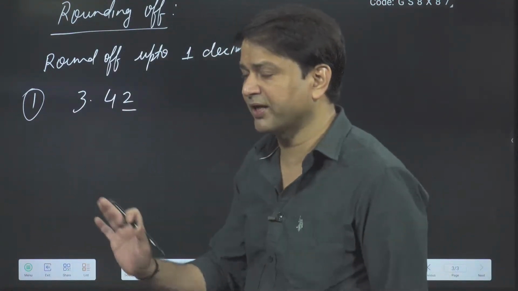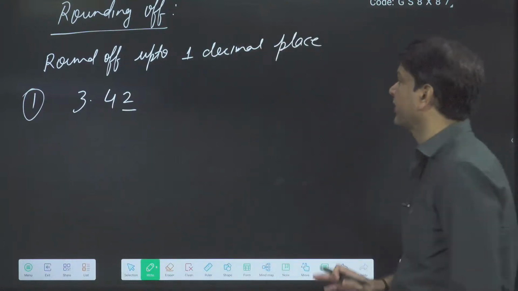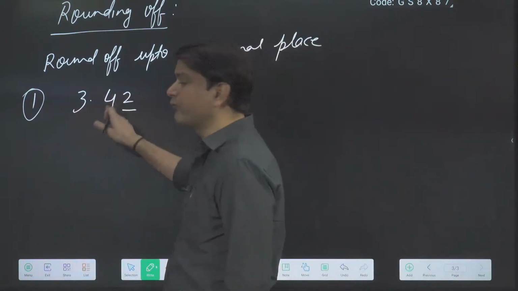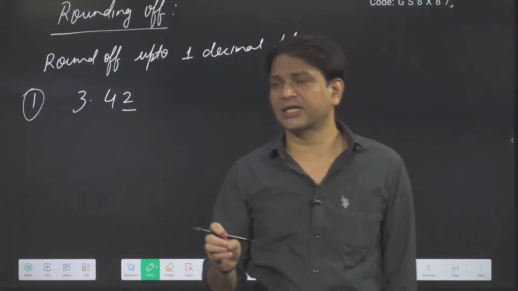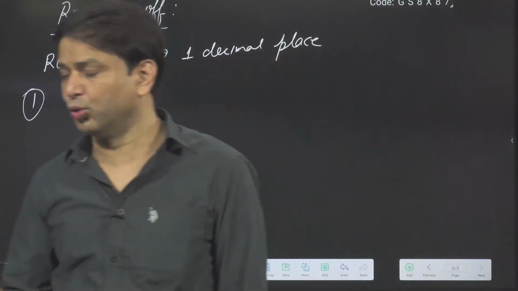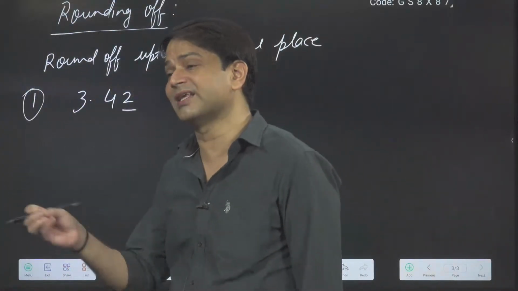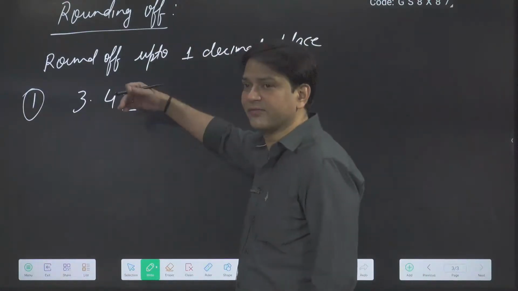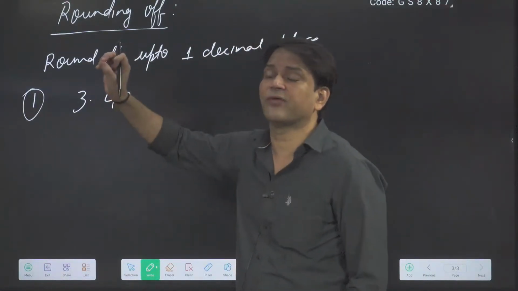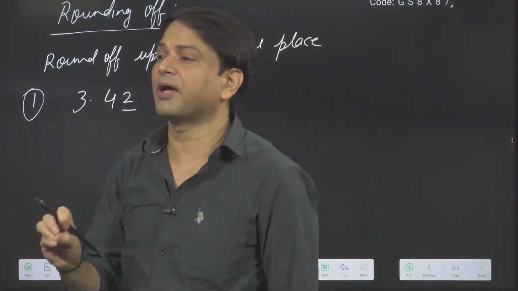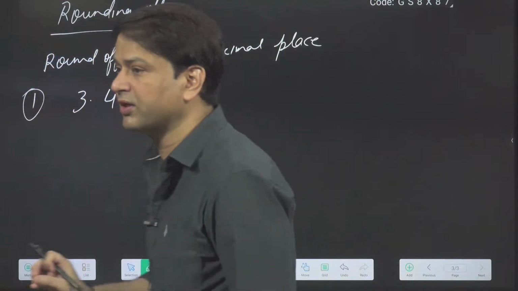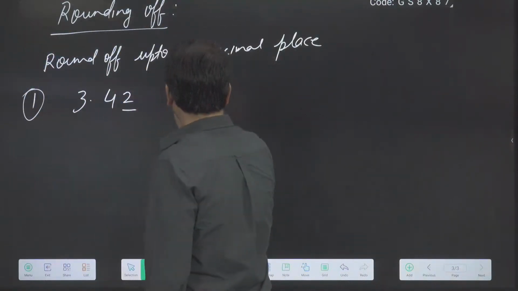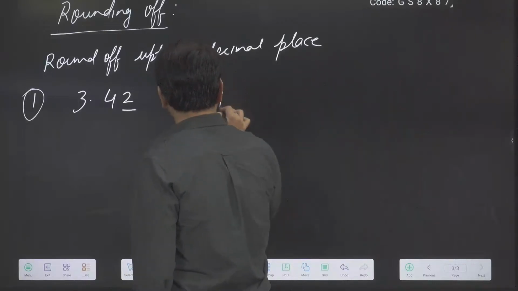That is the first rule, for greater than 5 and less than 5. So here I gave 3.42. I have to write 1 decimal place, so I have to drop 2, and 2 is lesser than 5. Less than 5, then the preceding will remain unchanged. So I can write 3.4.